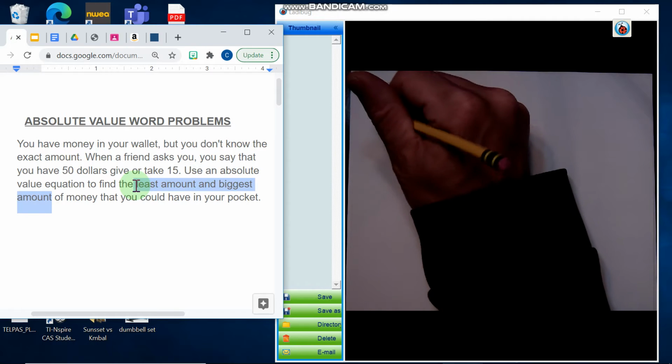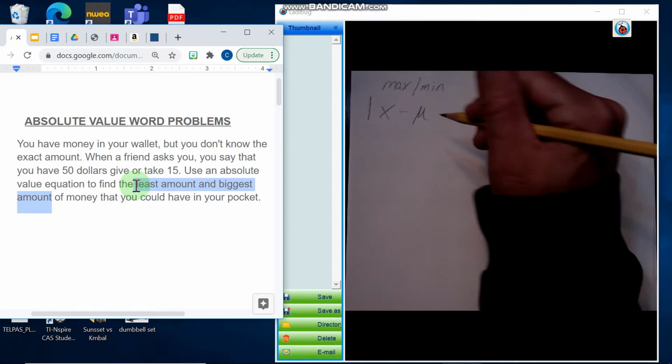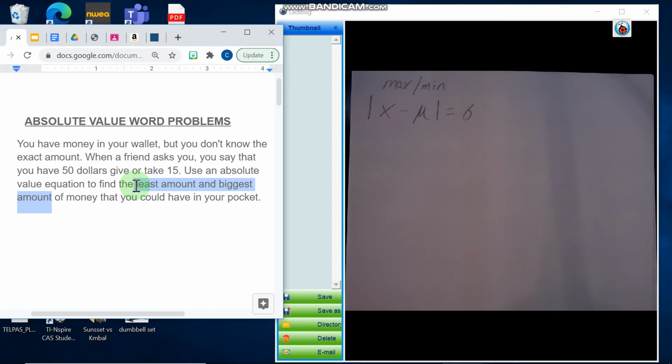We're going to use this equation: x minus mean equals sigma, or my allowable error. The friend asks you, you say that you have $50, give or take 15. So $50 is going to be right in the middle of your range.